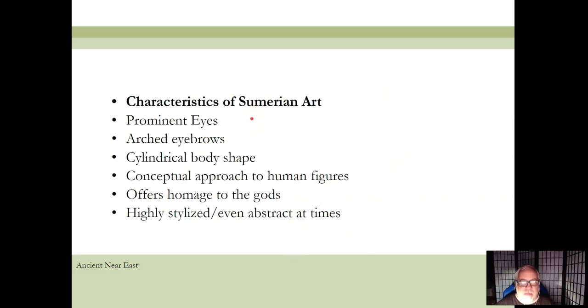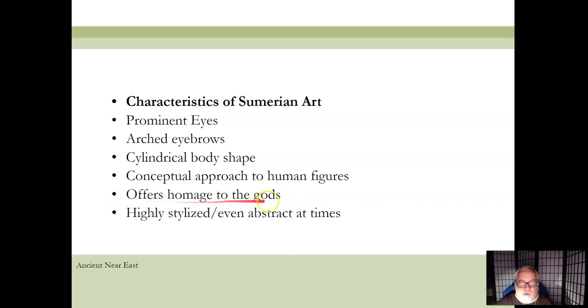It's because it doesn't matter what stuff looks like. What matters is you understand the meaning of the stuff you're looking at. So everything kind of has a formal format. In all of the Sumerian art, everyone's got big eyes, everyone's got a giant arched eyebrow, everyone's body shape is kind of like a Pringles can. Humans aren't individual, they all kind of look the same.